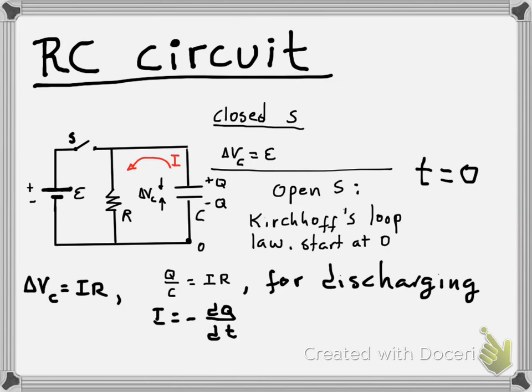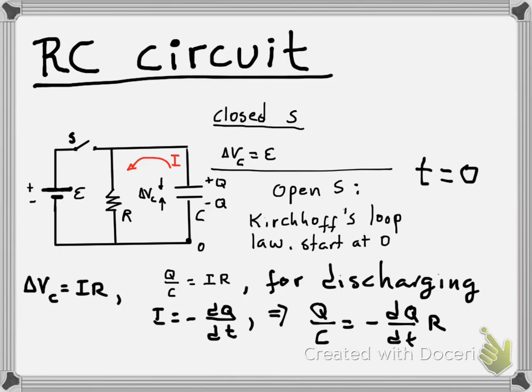Then the proper relationship between the current in the circuit and the charge of the capacitor should be I equals minus dQ/dt. Again, dQ/dt is negative, so with a negative in front it becomes positive, so that we get a positive current, since we are calling positive the current that flows in the counterclockwise direction. So using that, we can write the equation before as Q over C equals minus dQ/dt times R.